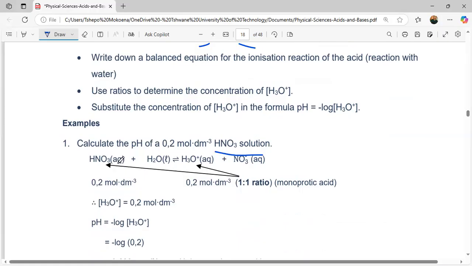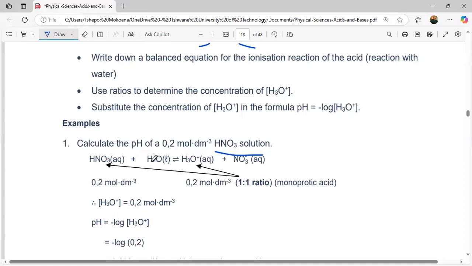You're going to make sure that you react it with water, and it is a reversible reaction like so, giving H3O plus ions plus NO3 minus ions. Make sure that you write your equation, even though they gave you one, so that you can check that it is balanced. That's very important. According to this chemical reaction, we can see that everything is balanced.